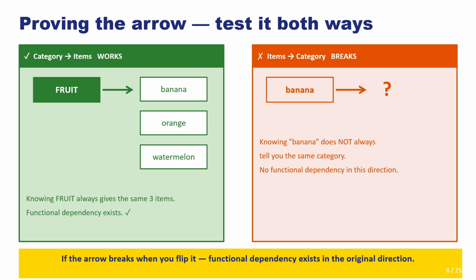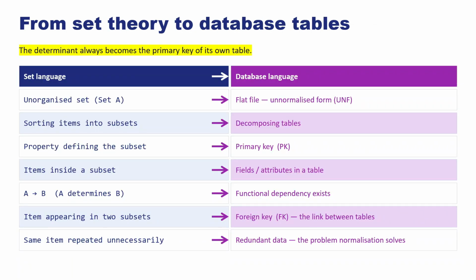But if I pick just an item, say banana, I don't know what else falls under banana. I mean, it's not a bigger group, or it's not a category under which other items can fall. So knowing banana does not always tell you that these other items fall into the same category. So there's no functional dependency in that direction. However, if I know fruits, which is a bigger name, I can now identify other items that fall under it.